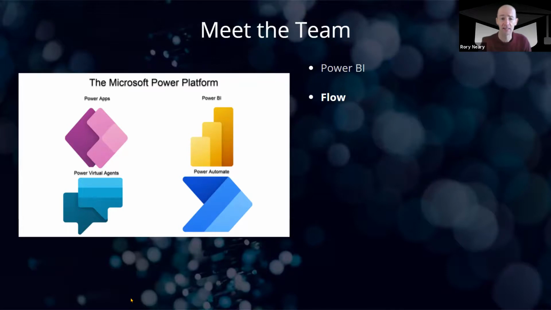So there we are, that's Power Automate. We've talked about Power Apps, and then finally, the one that I know the least about is Power Virtual Agents. These are essentially chatbots that are available 24/7, that have the ability to interrogate data sets and provide responses.